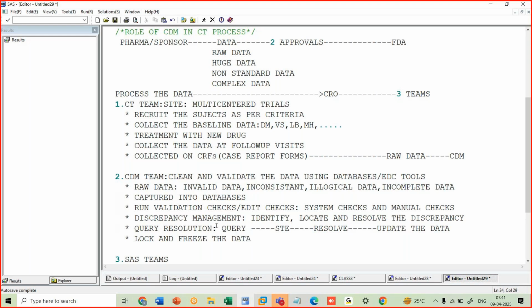In order to prevent unauthorized changes, unauthorized modifications, we do lock. So finally, we'll extract the data to SAS systems or Excel files.